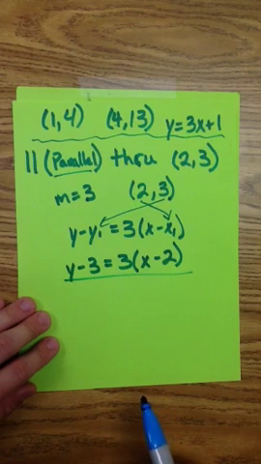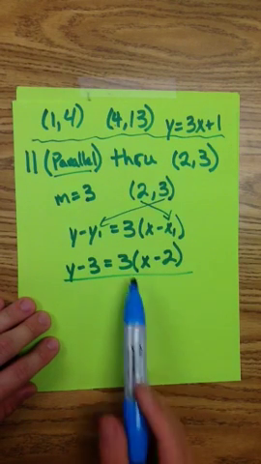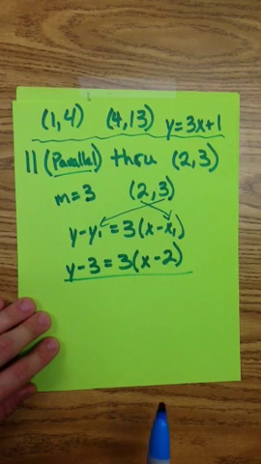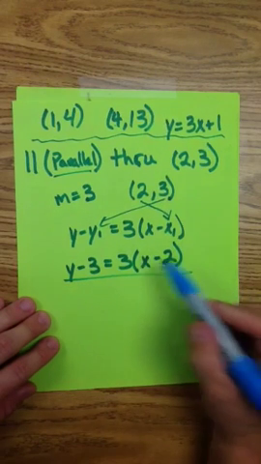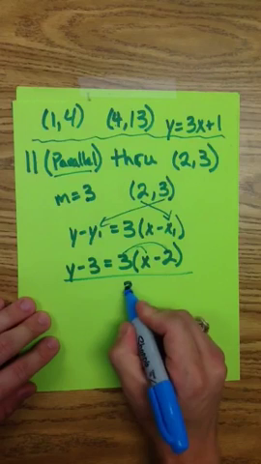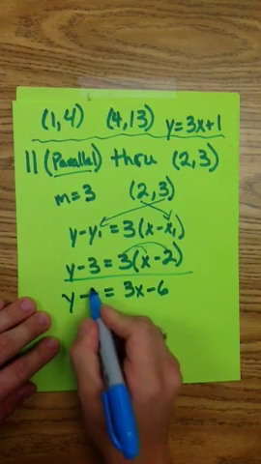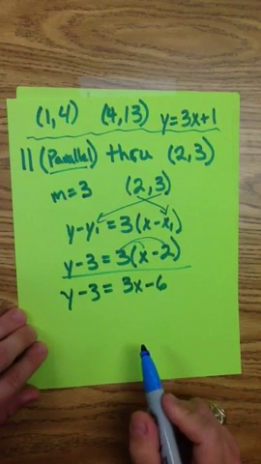If they ask you to write your equation in point slope form, that's what you say. If they ask you to write the equation in slope-intercept form, you need to do a couple extra steps, including distributing. So I would say 3 times x is 3x. 3 times negative 2 is negative 6. y minus 3 equals 3x minus 6.